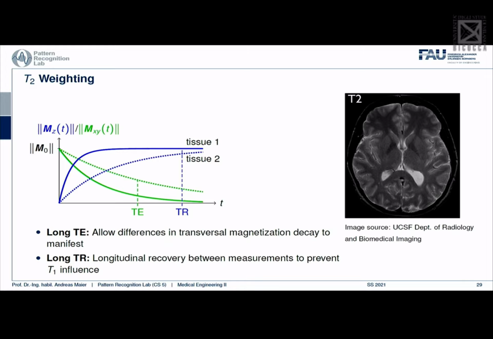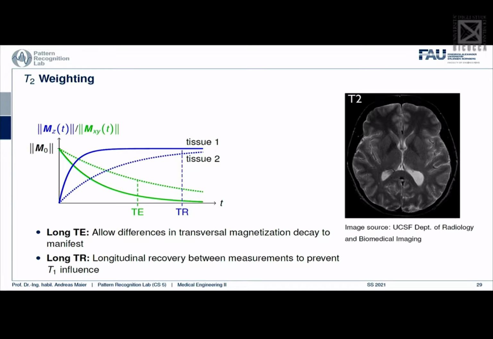You do excitations at repetition times much longer than T1, but then you read at a T echo which is similar to an average T2, which means that tissues with T2 shorter than that will have fully decayed, and you see them as black, while tissues with much longer T2 will be slightly brighter.